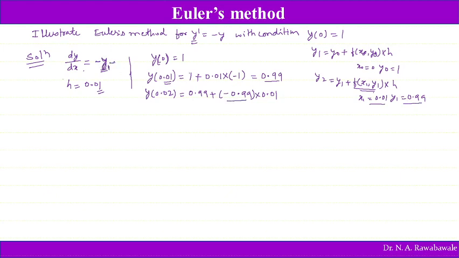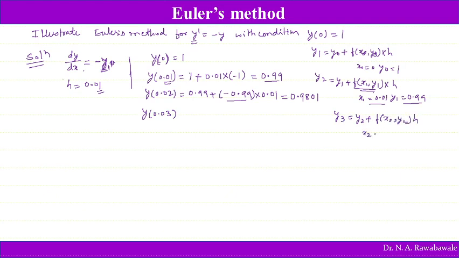X is absent here, x is not present in this differential equation, therefore this becomes 0.9801. Then y(0.03), that is y3, is equal to y2 plus f of x2, y2 into h.